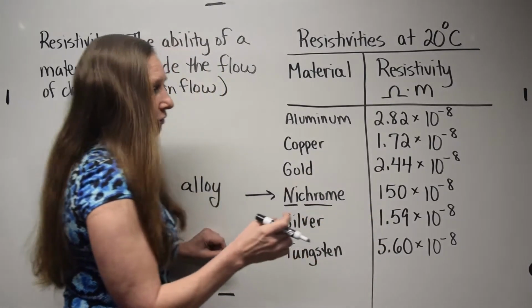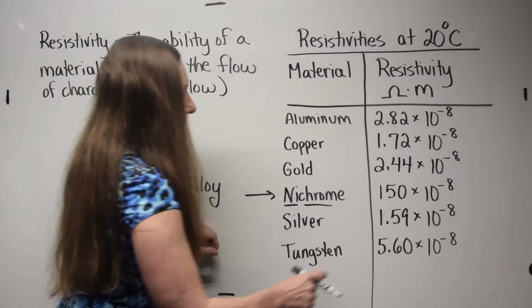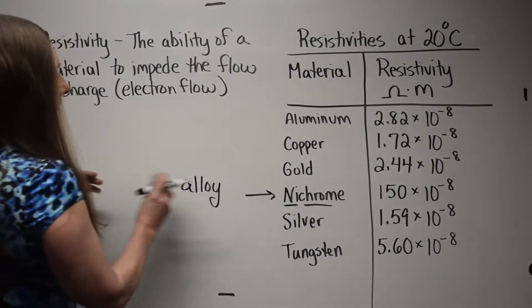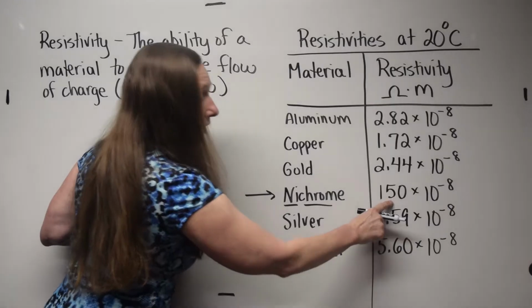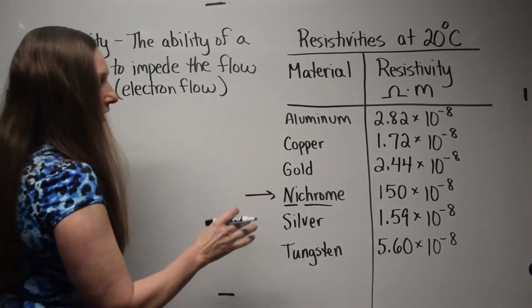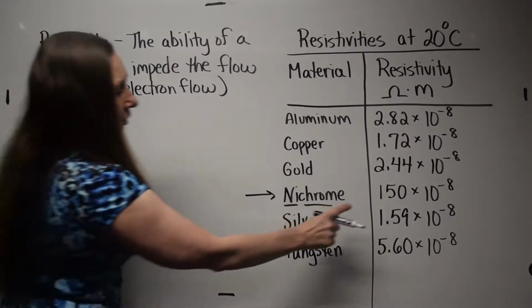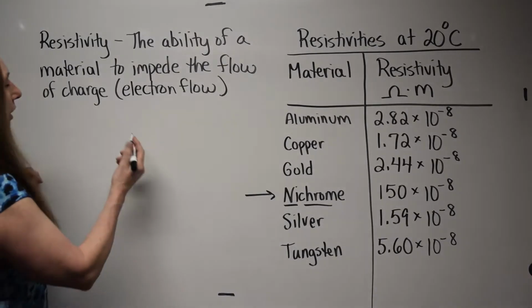The lowest resistivity on this chart would be silver, 1.59 times 10 to the negative 8. Now, I just want to put this into proper scientific notation so you get an idea of the scale here of how much greater nichrome is than all the others on the list.